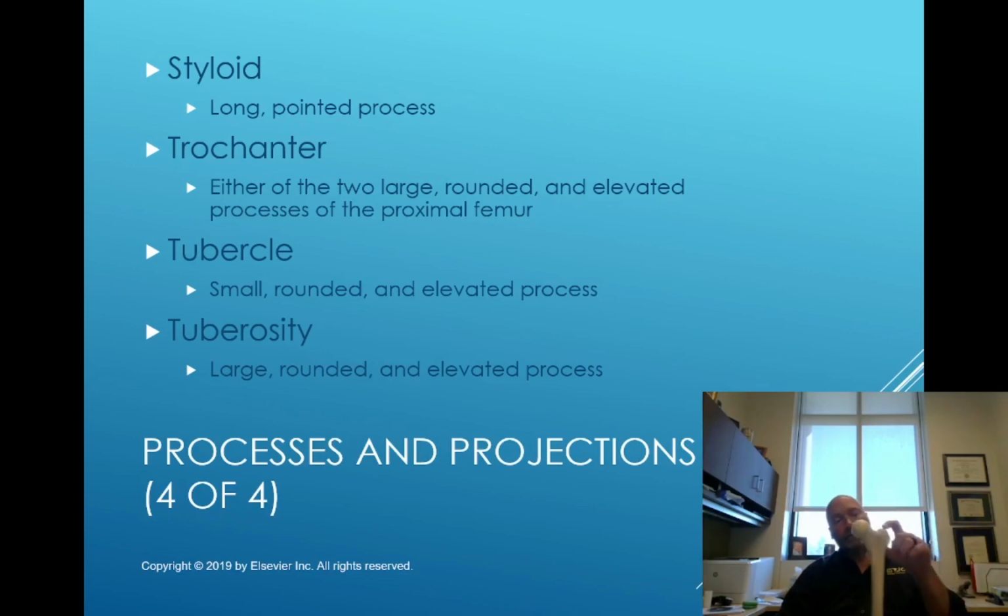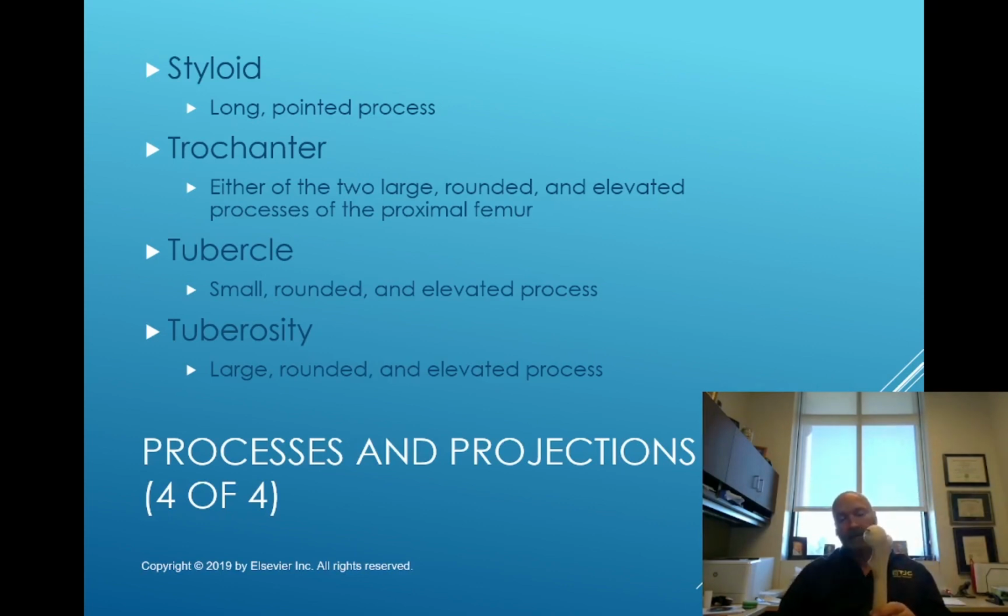This is our greater trochanter. Our greater trochanter is on the lateral side of the proximal portion of your femur. If you push real hard on your hip and rotate your leg in and out, you can feel this thing start to move. That's your greater trochanter.